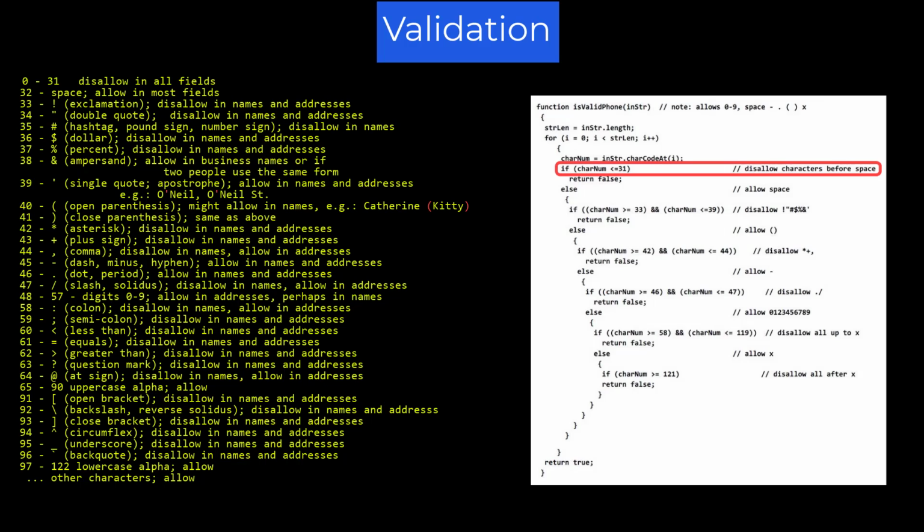So if characters are less than space, we disallow them, we allow space, and then we disallow a bunch of characters, and we allow the parentheses. And then we disallow a bunch of characters, and we allow the dash. And then we disallow a couple of other characters, and we allow the digits, and then we disallow everything up to the letter X, and we allow the letter X, and we disallow everything after X.